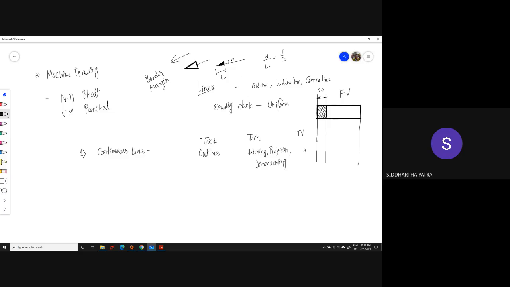And one thing I forgot to mention, that while you do orthographic projection, as we have mentioned earlier, you have two planes. I'm taking the example of first angle projection, and for the sake of simplicity, we are drawing the projection of a cylinder, which is essentially a rectangle in both views.